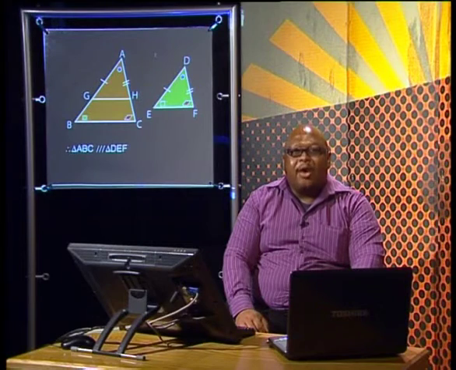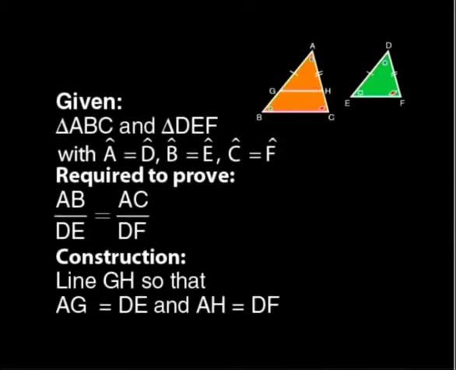Let's have a look at the whole theorem again, one line at a time. Given triangles ABC and DEF, with A equal to D, B equal to E, and C equal to F, required to prove that AB divided by DE equals AC divided by DF.